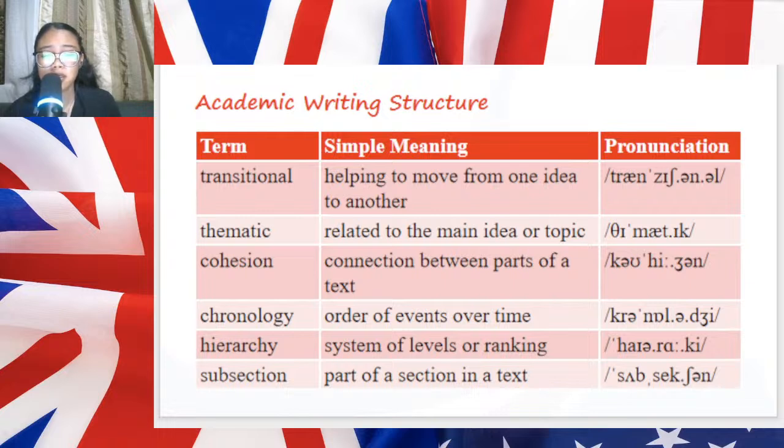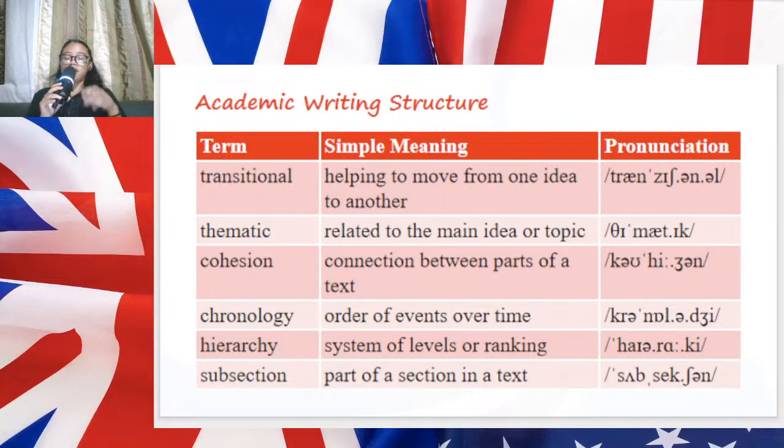When it comes to pronunciation, we have tran, which is a short vowel sound, starts with a consonant cluster and ends with a nasal sound N. Next to that is zi, with a short E vowel sound, starting with a buzzing Z sound.